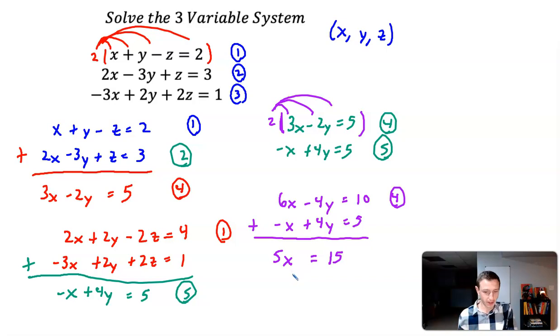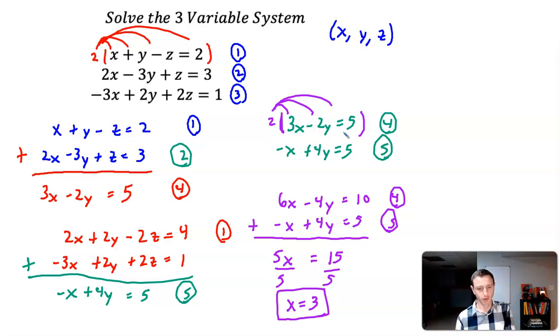One variable equation. Solve for x by dividing by 5. x equals 3. Look at that. We now have an x value. So now we go back and substitute it back into any of our options, really. Let's plug this back in to really any of them. I'm going to go with equation 4 here.